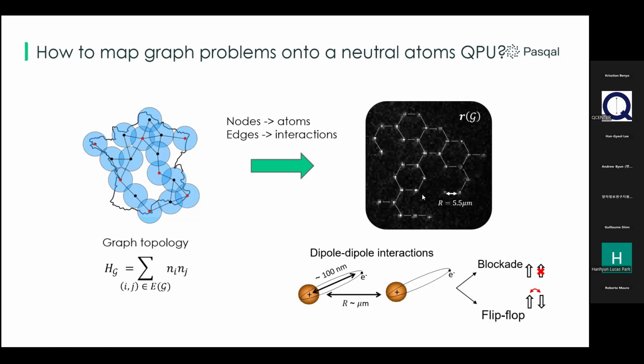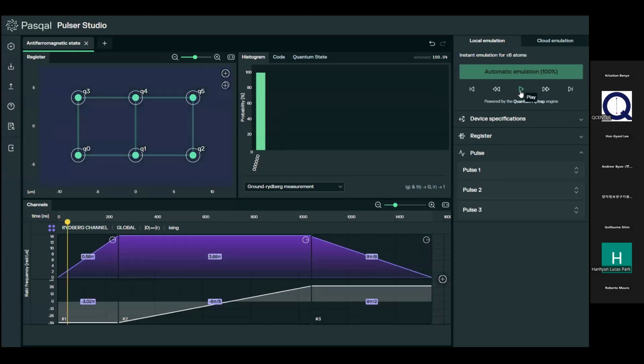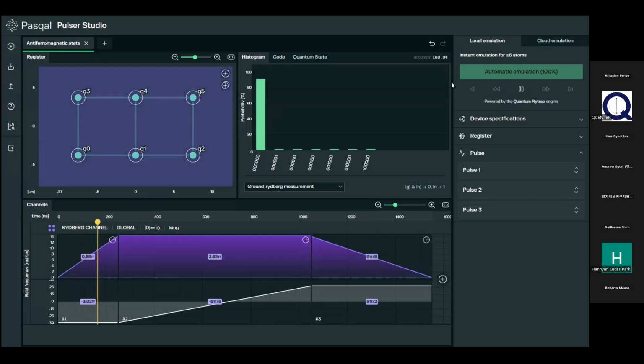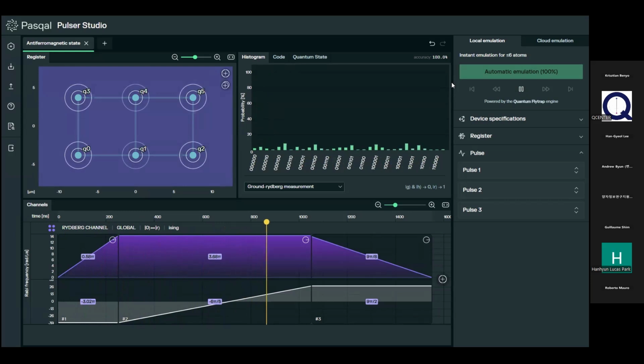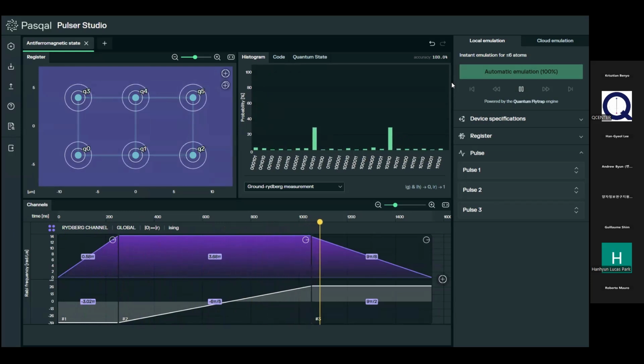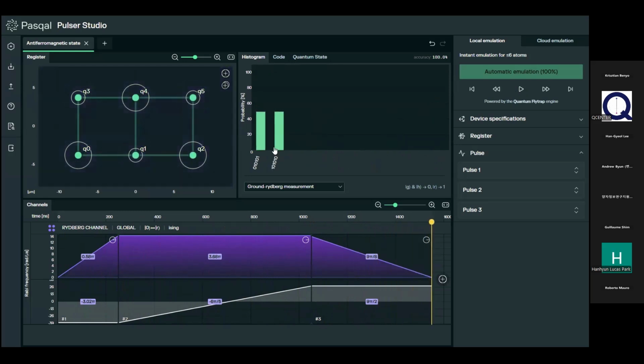So why have we chosen this kind of pulse for the antiferromagnetic state experiment? Yes, there is a reason for choosing this pulse in particular. If I execute this method, what I can see is that during the evolution process, at the end, I reach two pure solution states.